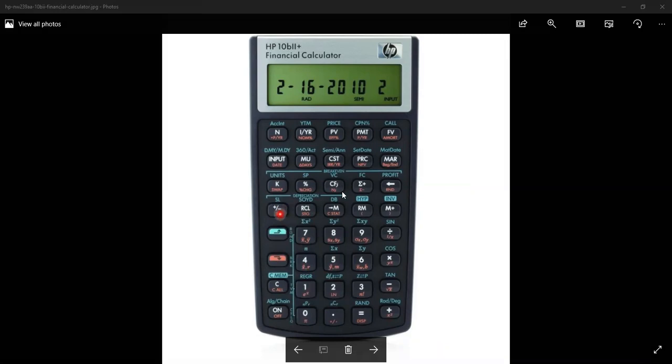Then you press this button to make it a negative. Then you press CFJ, then 29,800 CFJ. Then you just keep pressing CFJ up to CF9, meaning you've entered 29,800 nine times. Then after that, you enter 53,300 and then CFJ to get CF10. Then you press the red shift button and you come to CST IRR. Then it gives you the internal rate of return, right? So you should then get 7.64.